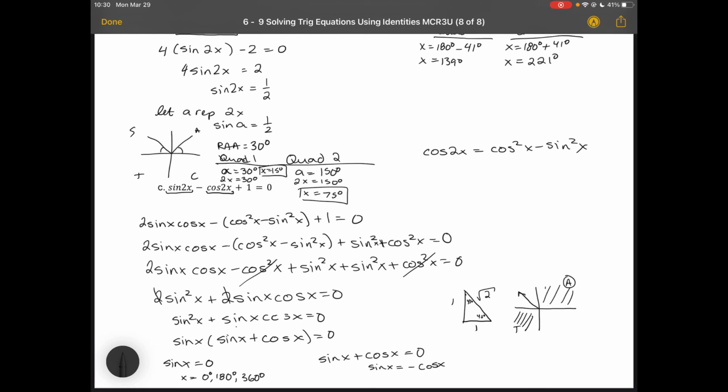So my only two solutions are going to be in my second quadrant or in my fourth quadrant, because those are the areas where sine x is positive and cosine is negative, or vice versa. So for this situation, my related acute angle is going to be 45 degrees, or pi over 4. And then what I have here is my first solution in quadrant 2.